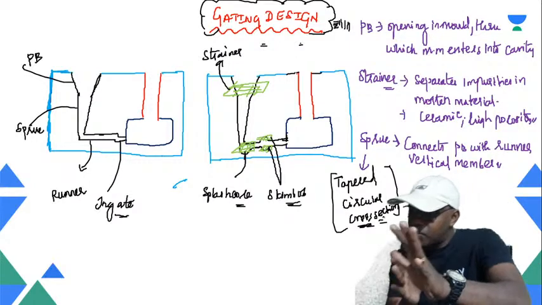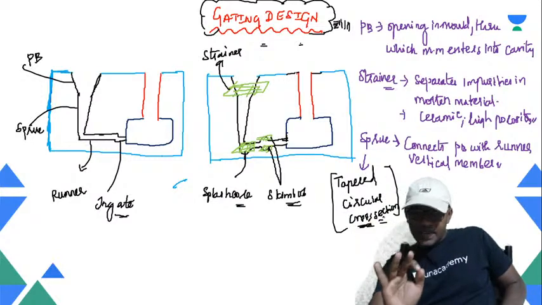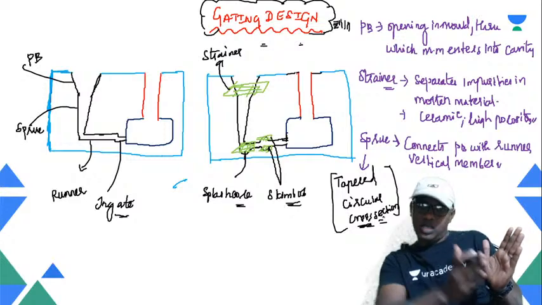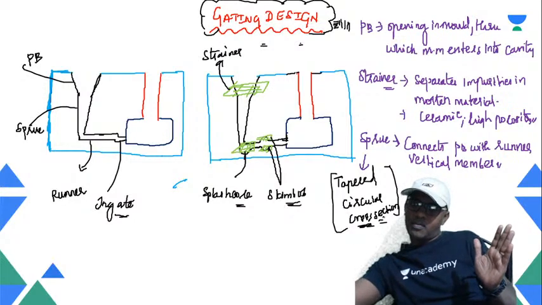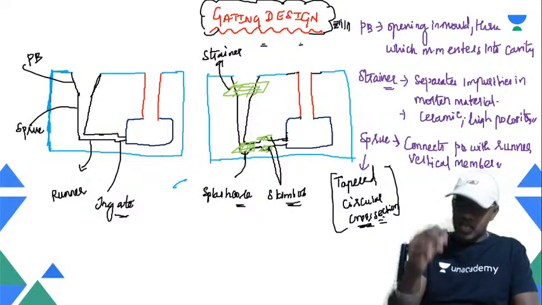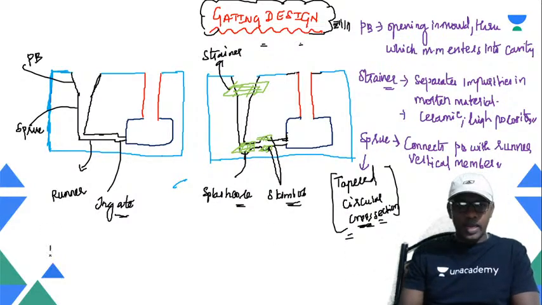Okay, sir, there is an important note here. Why does the sprue have to be tapered? This sprue being of a tapered cross section has a greater effect in producing a sound casting, a defect-free casting. This crucially plays a role. Why does it need a tapered cross section?